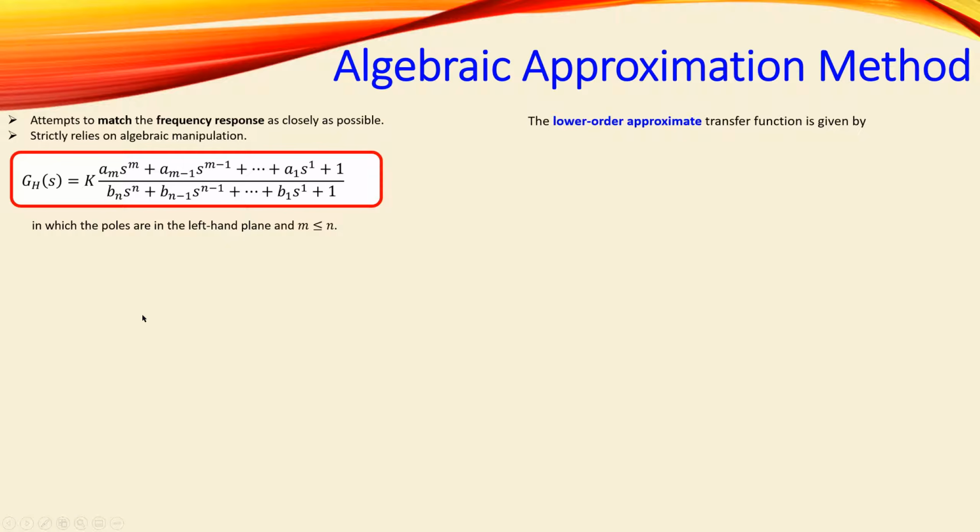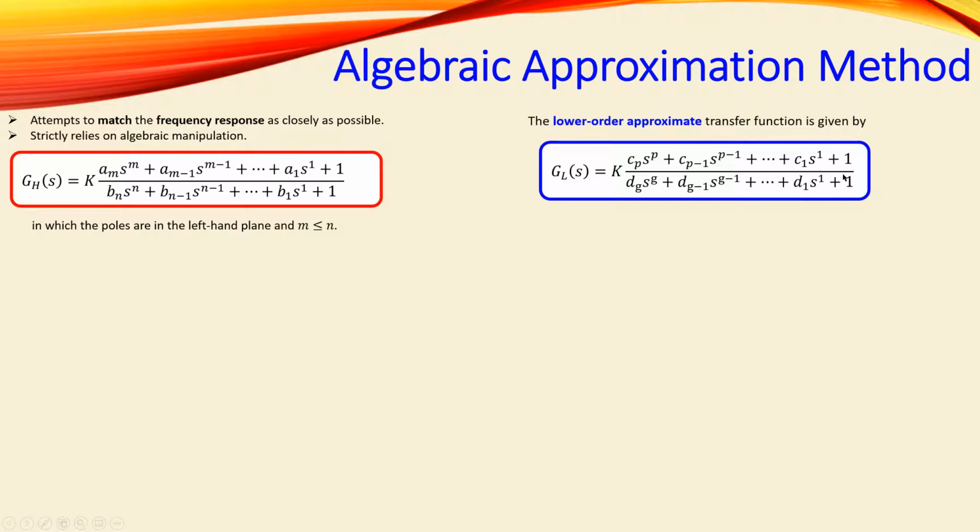But if you want to have a lower order or an approximate form of your transfer function, that can also be written mathematically in this form, which is very similar to that one. So this is a higher order and this is a lower order approximation.